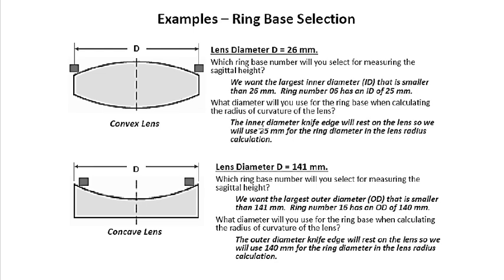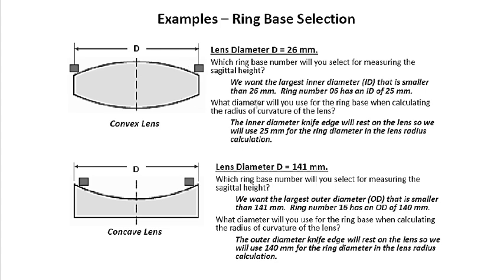Your inner diameter knife edge for ring number 06 is a 25 millimeter, and that has to be sitting on the lens like that. The inner diameter of your knife edge, which is the inner diameter of your base, is going to rest on the lens, so that is going to be 25 millimeters for the ring diameter in the lens radius calculation.